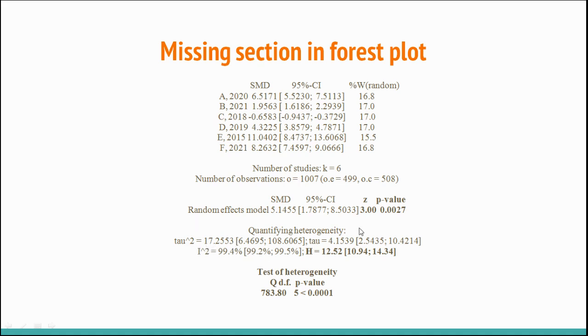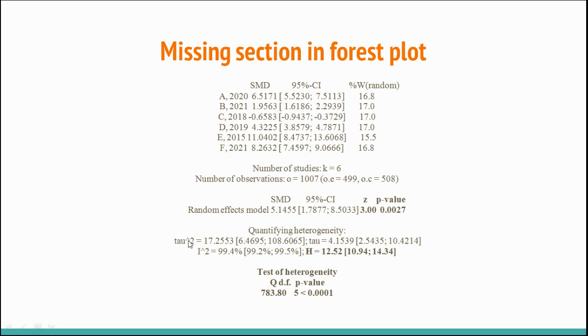We need to interpret it in such a way, because even if it is showing that the atorvastatin is improving the HDL level by 5.1455 maybe milligram per dL, it should be interpreted with a caution that the heterogeneity between studies was high.